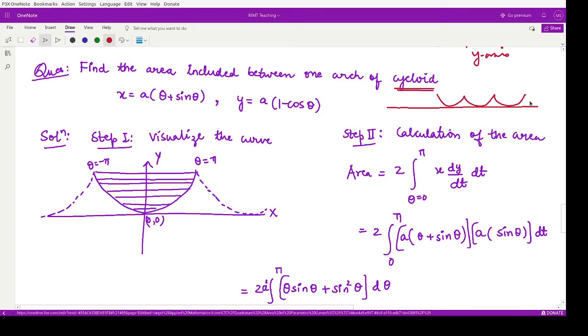How is this curve obtained? This curve is obtained when you fix one point on the tire of one cycle. So say this is one cycle.